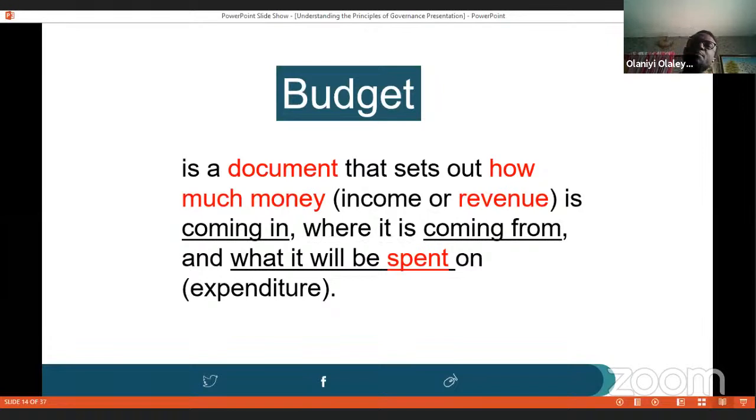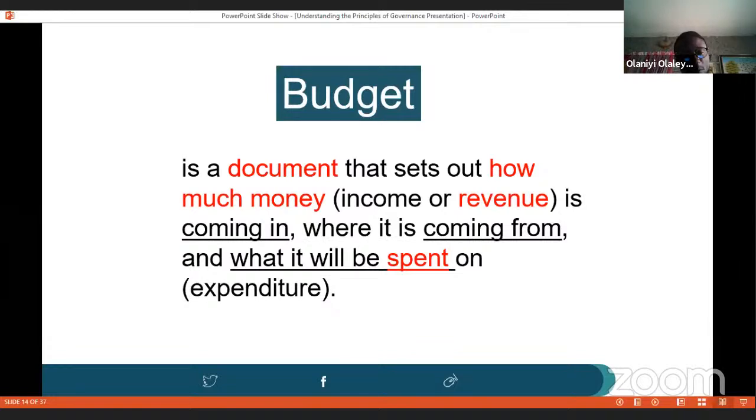Where does government get this money from? That is the first question. Because at the moment, Nigeria is running a zero-based budgeting. What do you mean by zero-based budgeting? That means Nigeria presents a budget without any source of income, without any money.